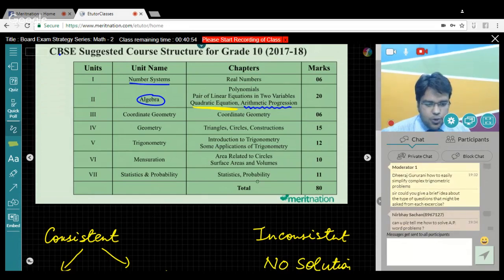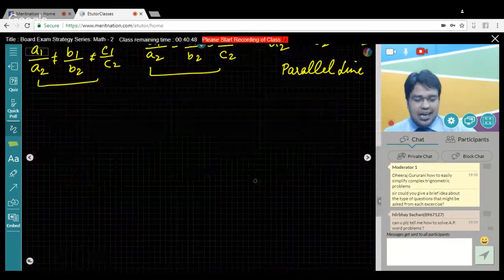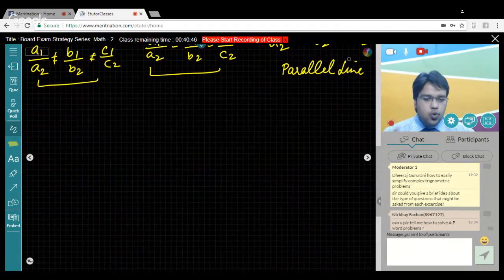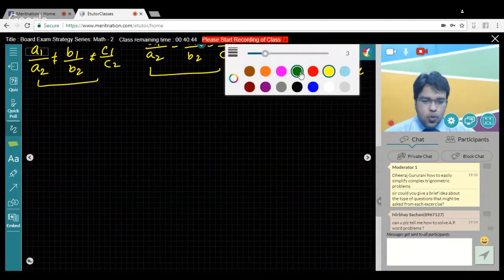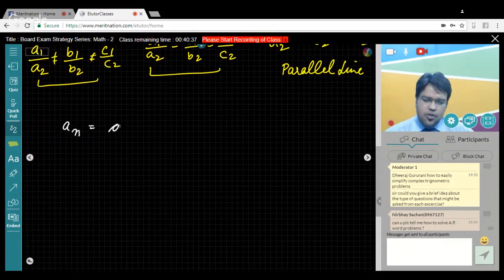Can you please tell me how to solve AP word problems? All right. AP word problems are basically made up of two steps. You will have to write the nth term. That's absolutely necessary.